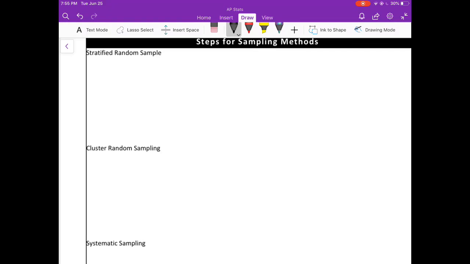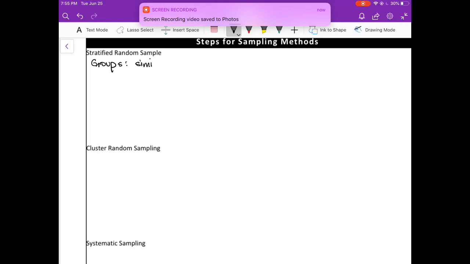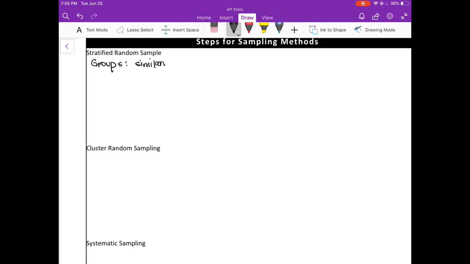Okay, so first you're going to group based on similarity. So for example, grade level, okay?